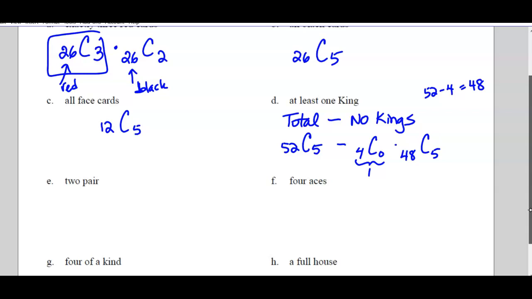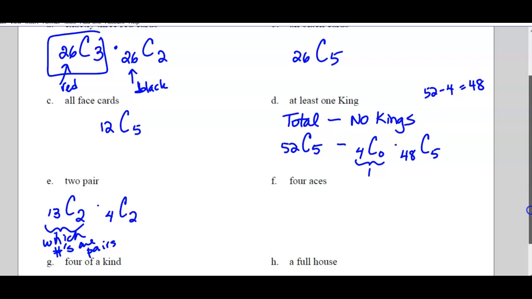So this is a little bit different. It doesn't matter what order you put it in, but you can say 13 choose 2 will give you which numbers are pairs, whether it's a pair of 10s, a pair of 2s, a pair of jacks, a pair of 3s, or whatever. And then within each pair, there's 4 of a kind in the deck.